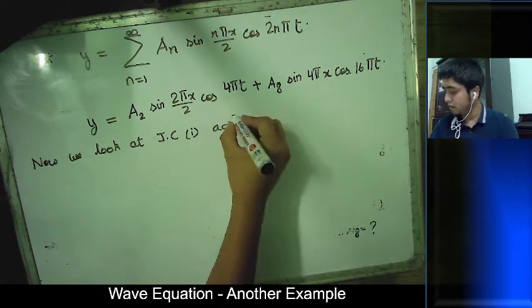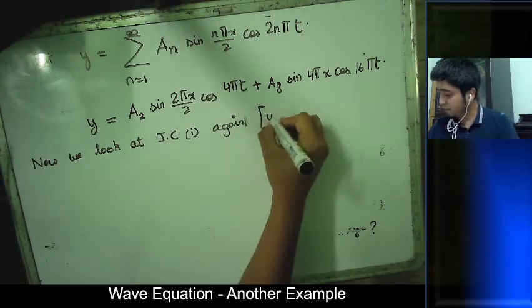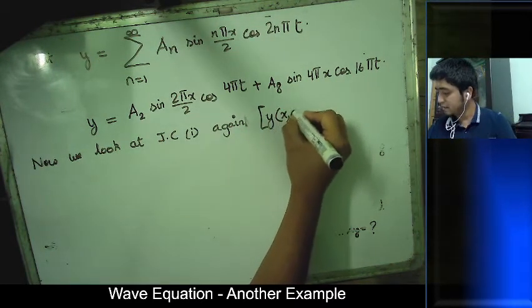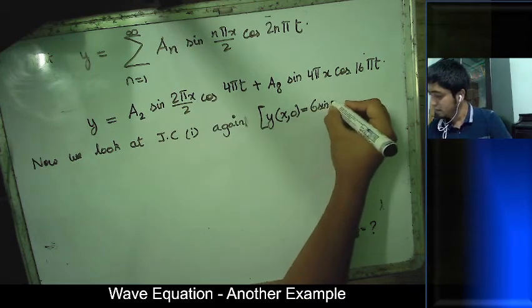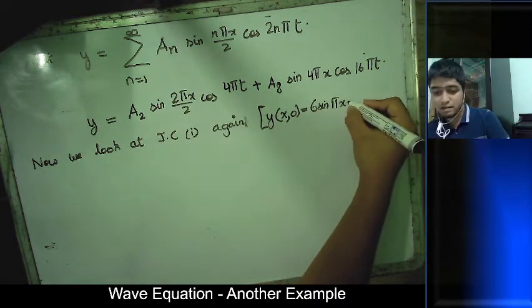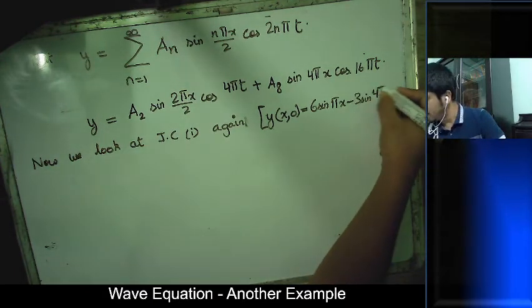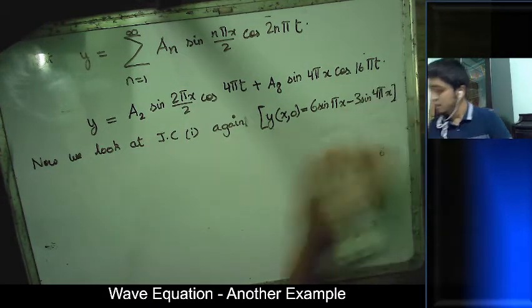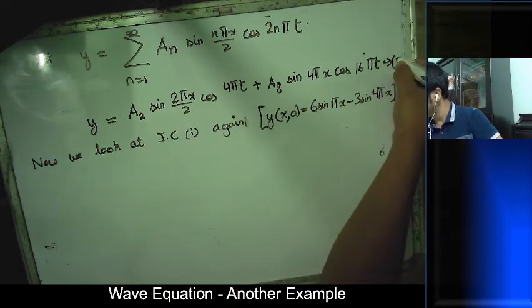Initial condition 1 was y(x, 0) equals 6 sin(πx) minus 3 sin(4πx). Let's name this equation 5.